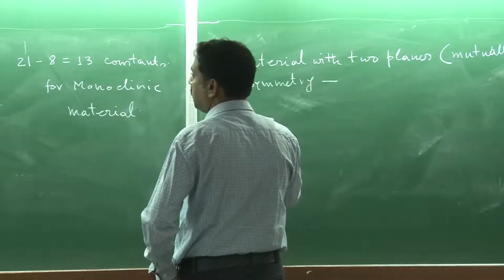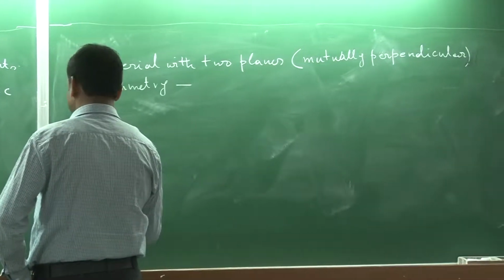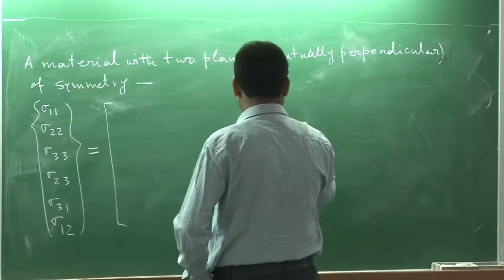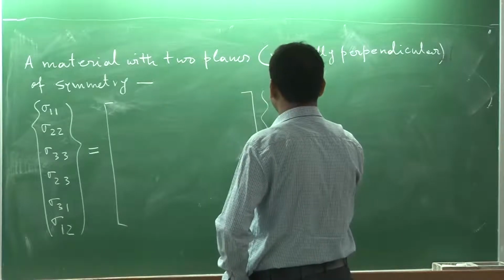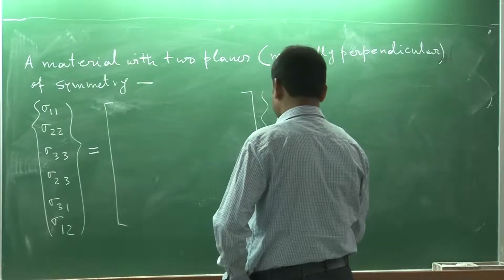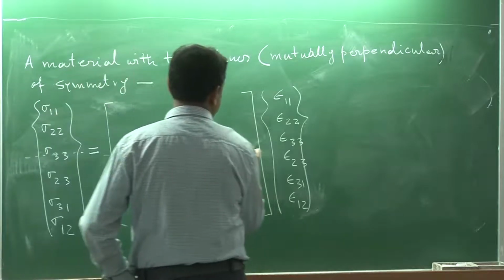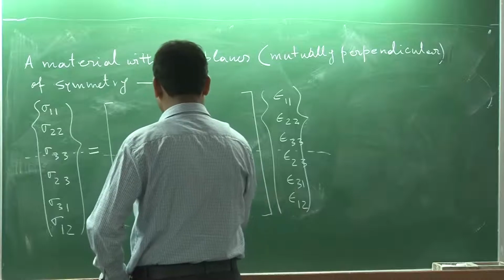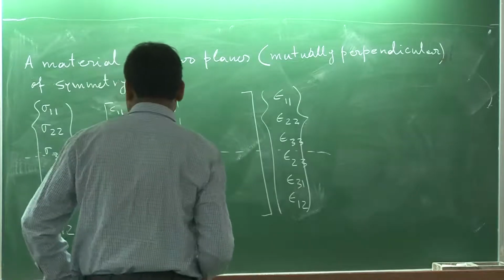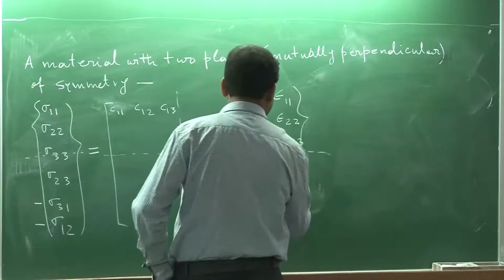Sigma 11, sigma 22, sigma 33, sigma 23, sigma 31, sigma 12 is equal to epsilon 11, epsilon 22, 33. What I am saying is that now two planes of symmetry means already this is being minus 1, this is being minus 2, this is minus, this is minus, this is also minus, this is also minus.